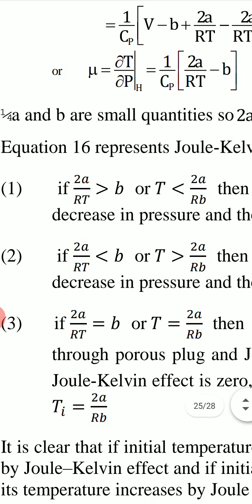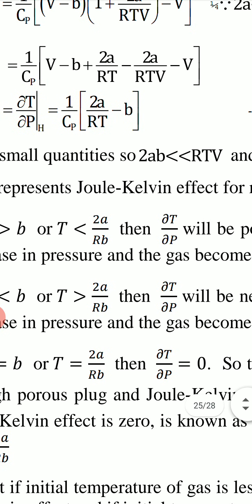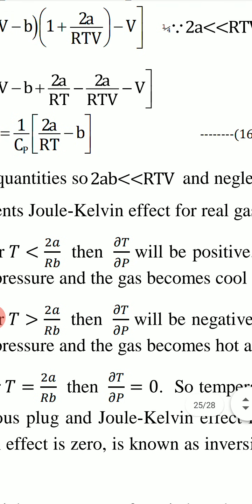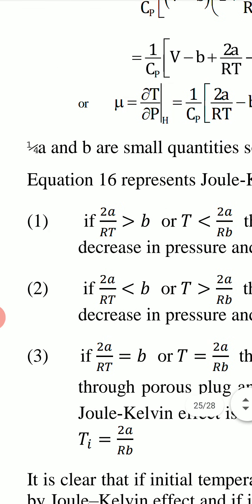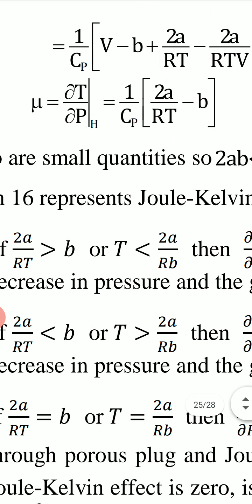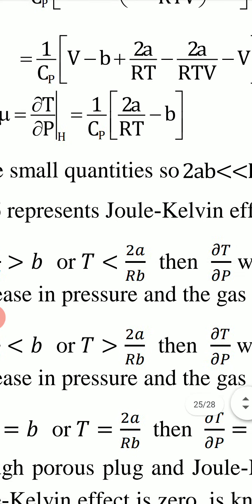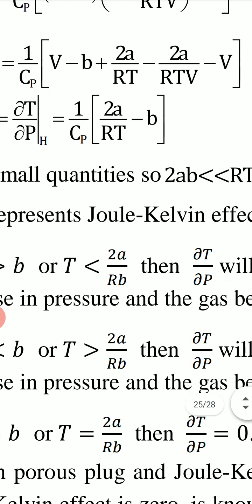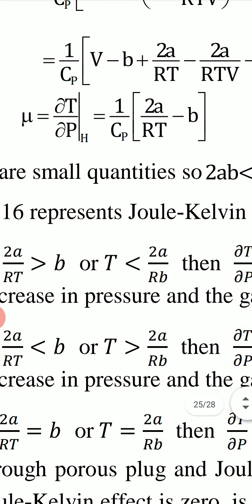So for the first case, if 2A upon RT is greater than B, the quantity inside the bracket is positive, delta T upon delta P is positive, and in the experiment we are decreasing the pressure. The gas is allowed to pass through a porous plug from a region of high pressure to a region of low pressure, so delta P is negative.